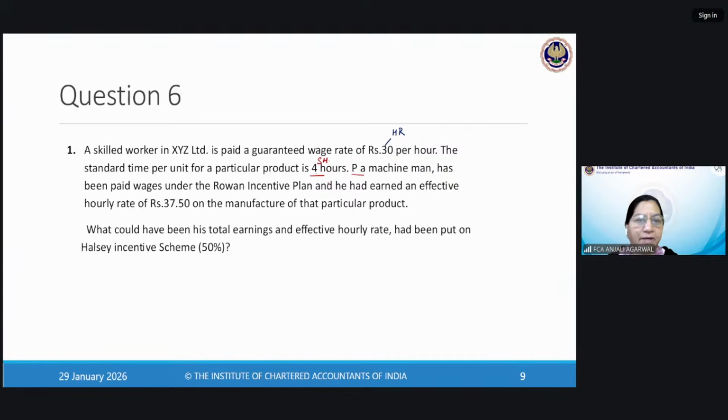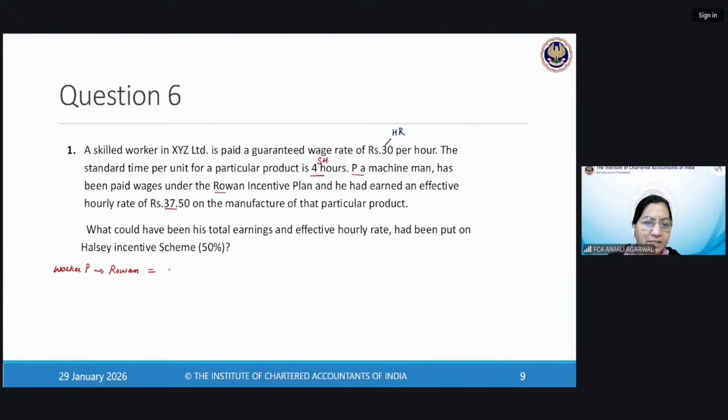P is a machine man. He was paid under the Rowan scheme and earned an effective hourly rate of 37.50. So there is a worker P, machine man, to whom the applicable scheme is Rowan scheme.